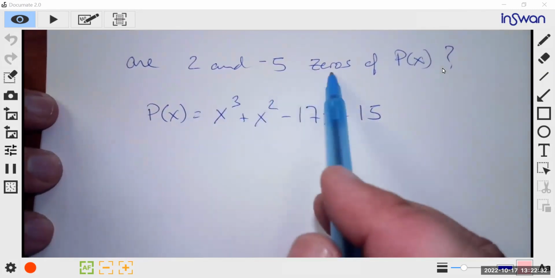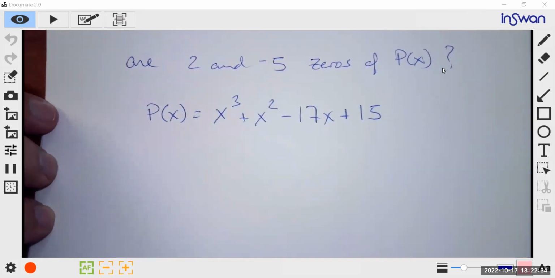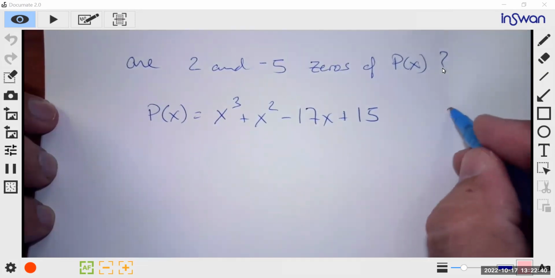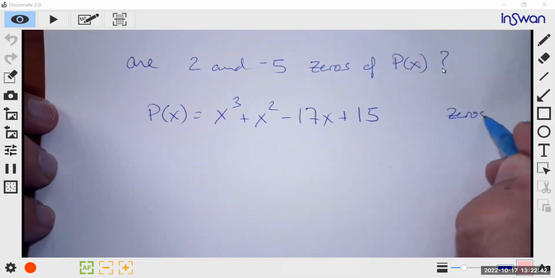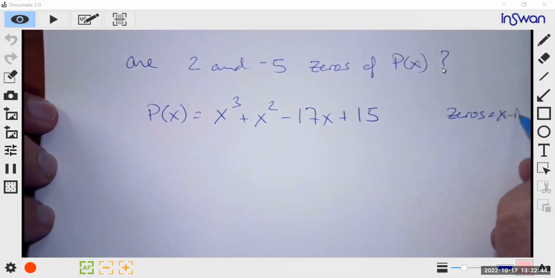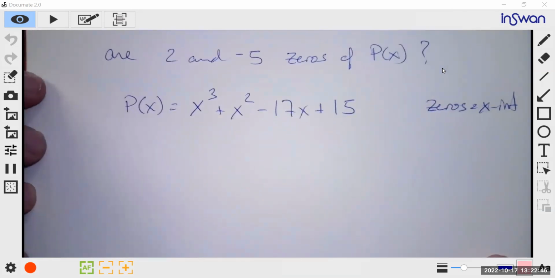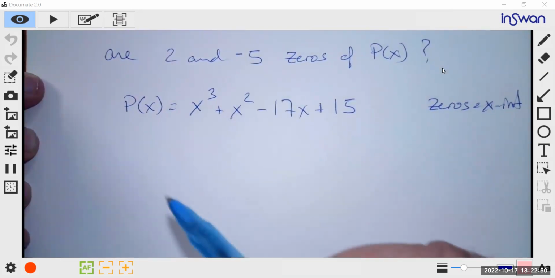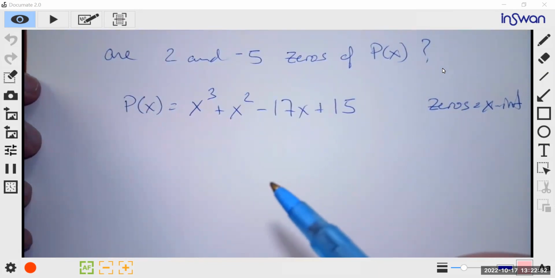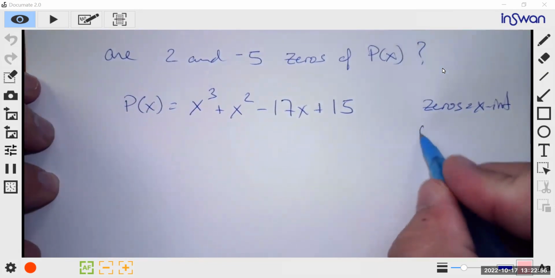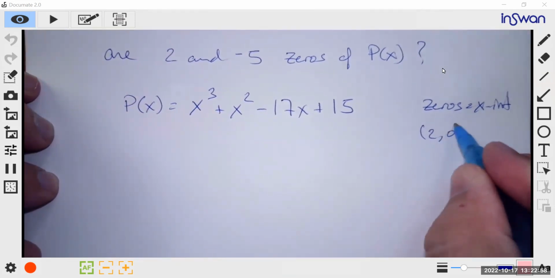When we say zeros, those are also x-intercepts. If these were x-intercepts and you plug them into the equation, what will the answer equal? Remember, x-intercepts are the numbers, comma 0.